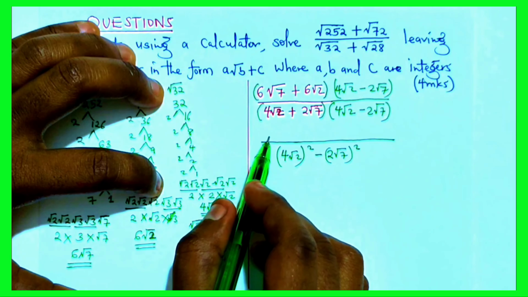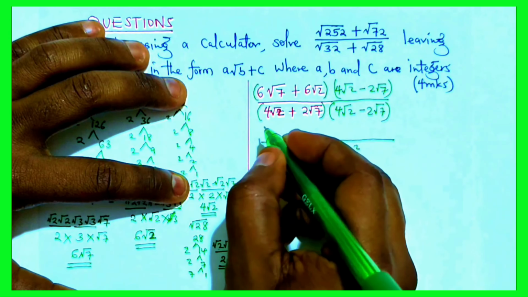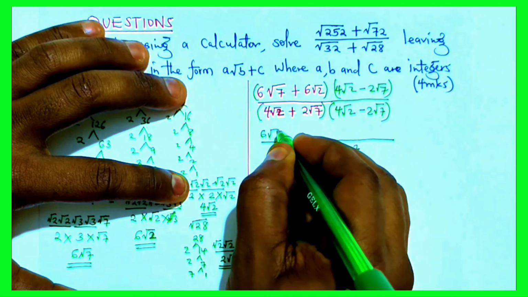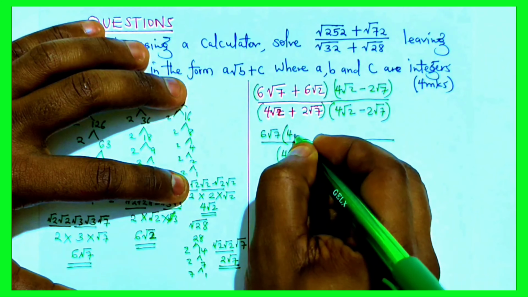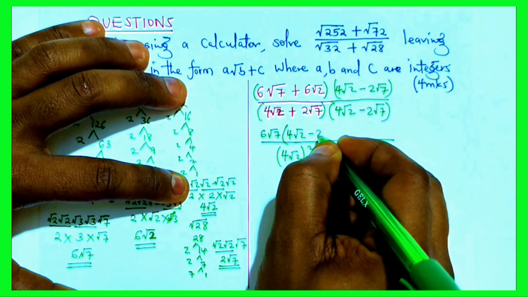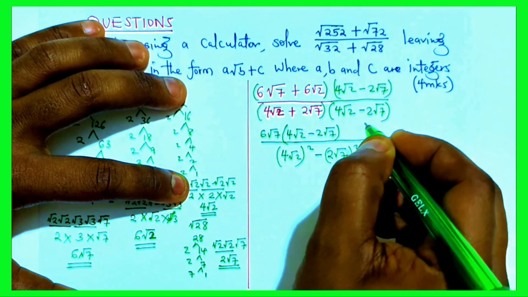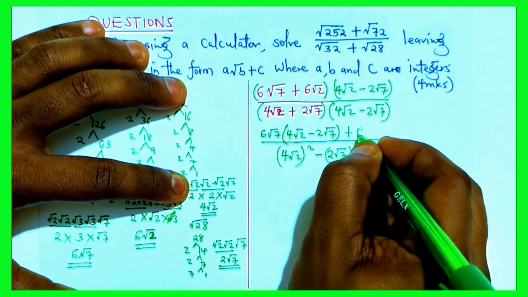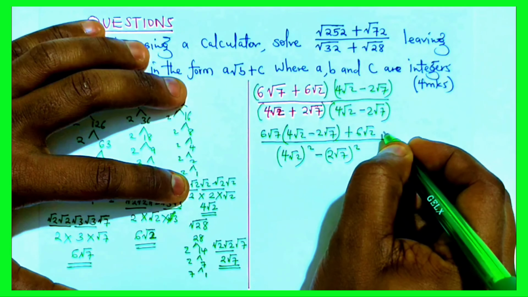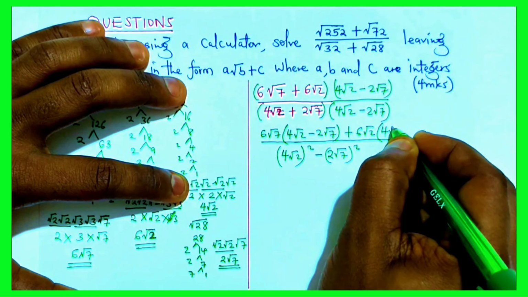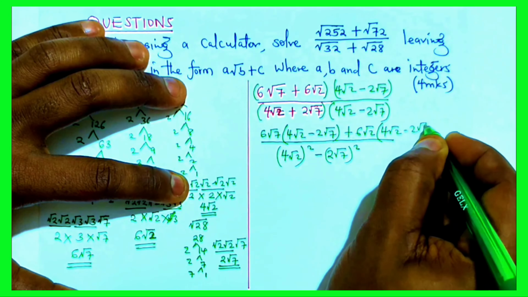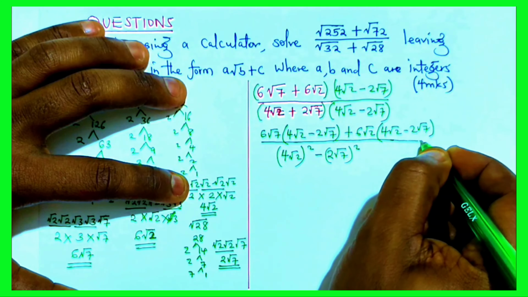And then on the numerator side, I need to expand. I'm going to have 6 root 7 to multiply this bracket here, which is 4 root 2 minus 2 root 7, and then plus 6 root 2 to multiply the bracket also, which is 4 root 2 minus 2 root 7.